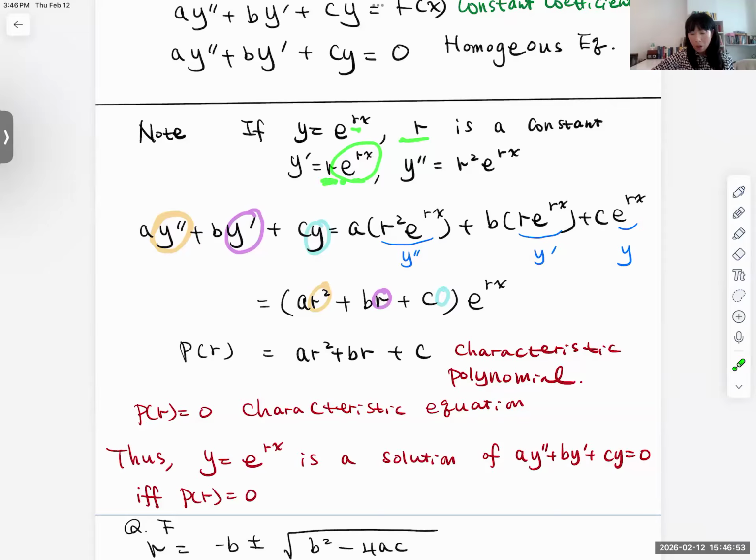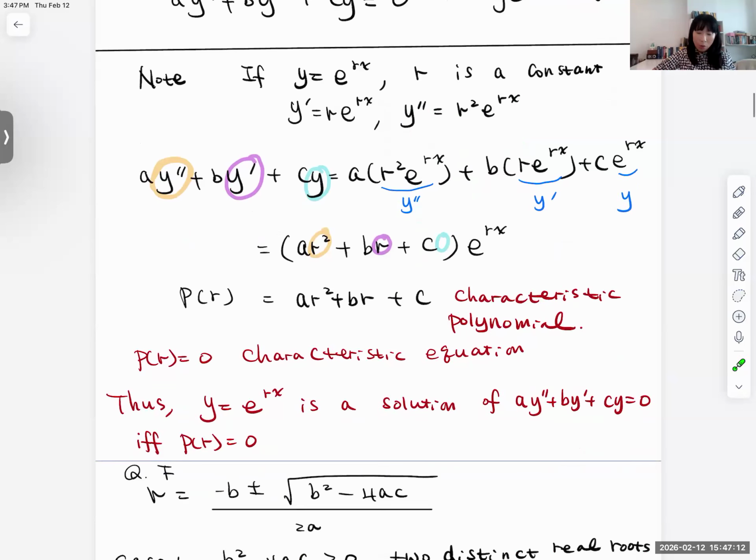What about the derivative again? We do e to the rx times r again, so we have r squared. Make sense?